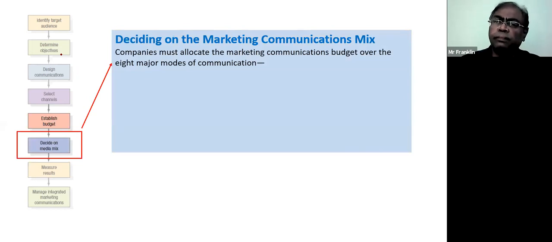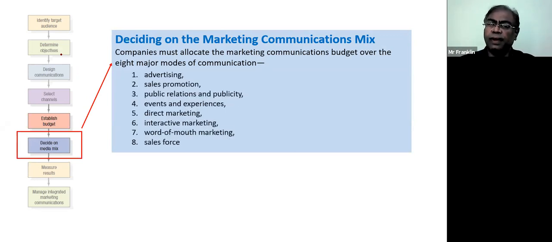Next is deciding on the media mix. When you talk about mix, it means campuran. What are the different mixes? Remember, I told you that you can use advertising, sales promotion, public relations, publicity, events, direct marketing. If I want to, let's say, advertise your RHP card, then I can do public relations.